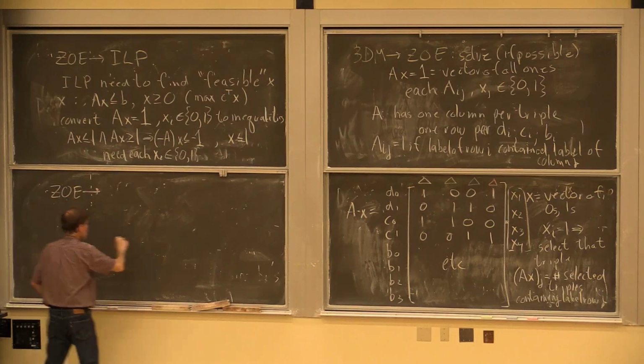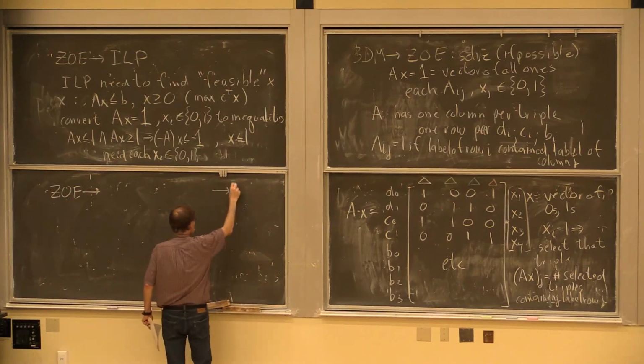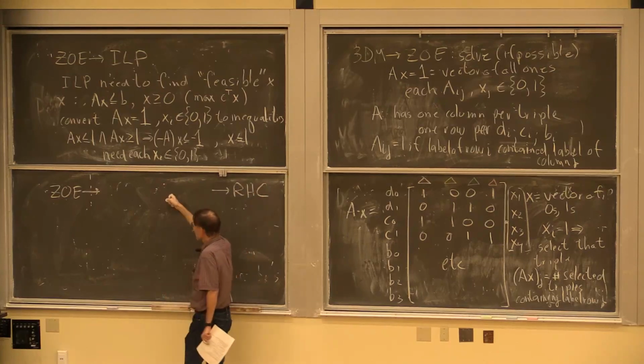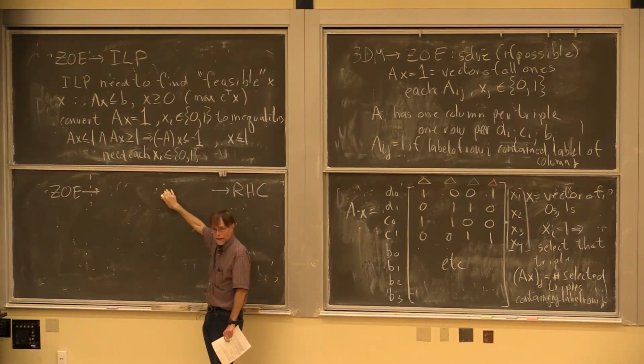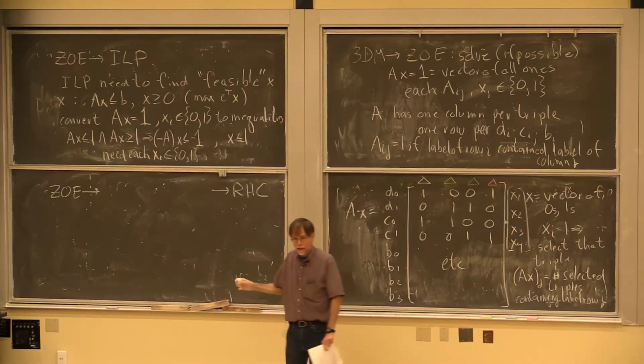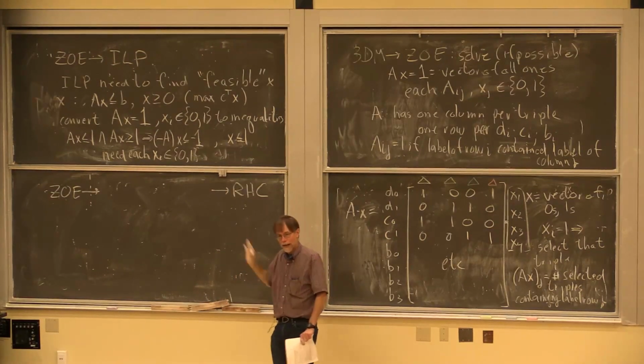So what I want to do is reduce this to Hamiltonian cycle, but it turns out we need a sort of technical intermediate problem to get there, which is going to be, I need a gadget to make it work.